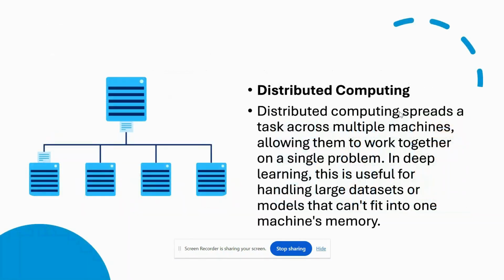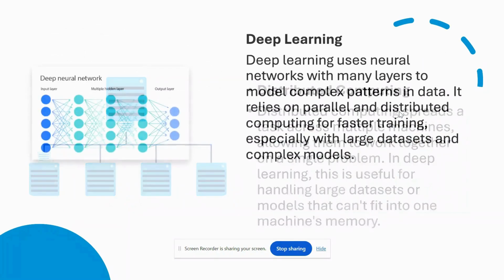Whereas in distributed computing we have multiple machines, each machine has its own processor, and the task is distributed among all those processors. So these are the two basic types of computing execution scenarios that we have seen.